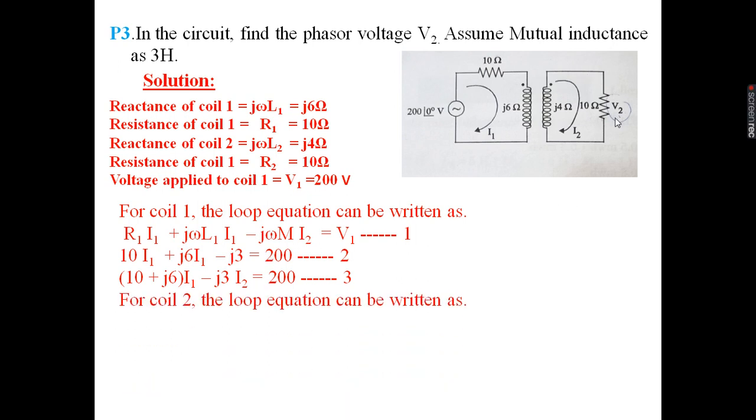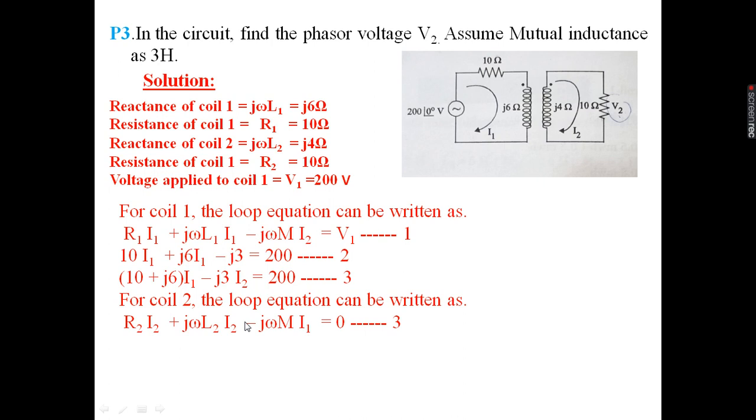Now let us take coil 2. In coil 2 it doesn't have any voltage source. So if we write the equation, we start from here. We can say that R2 I2 drop, and we come like this. We get the self-induced voltage in coil 2, that is j omega L2 I2, and it will have some mutually induced voltage because of current flowing through coil 1, that is taken as j omega M I1, and it is minus again because of the dot rule.